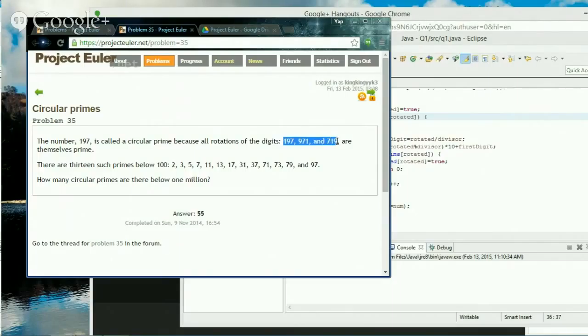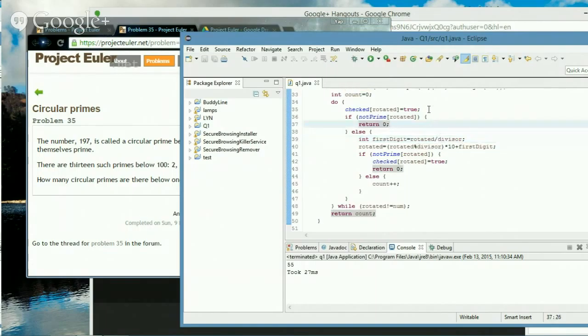So eventually you'll get 3 overlapping solutions. So I put a flag here to check whether the number has been checked or not. If it has been checked, then we will skip it later. So it will speed up things quite a bit.